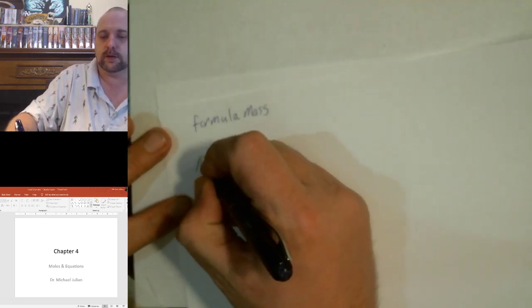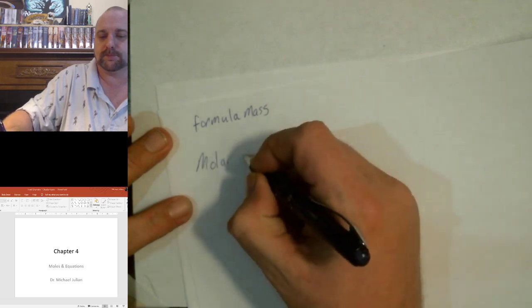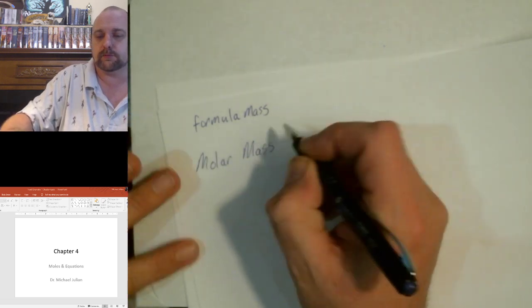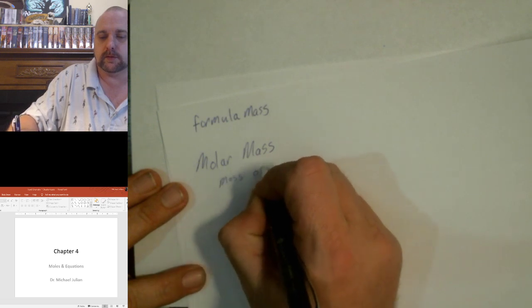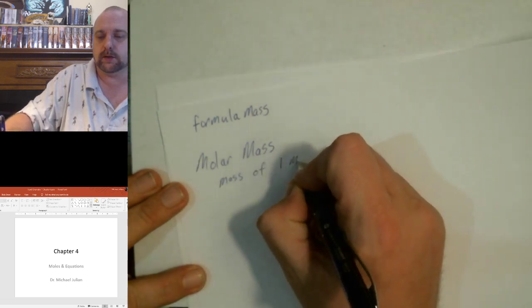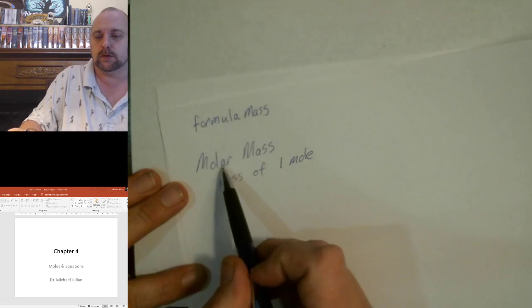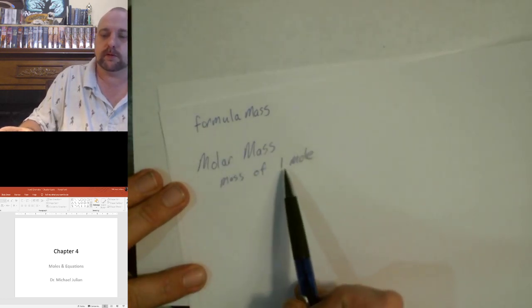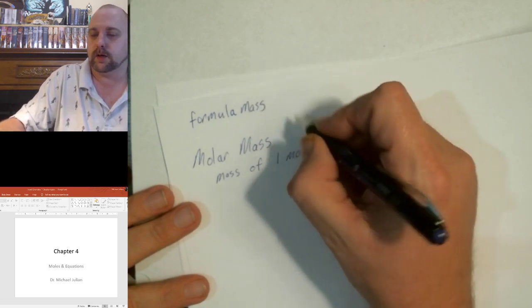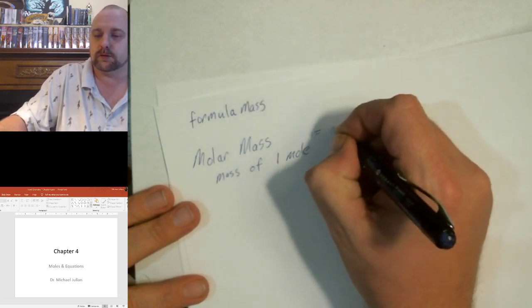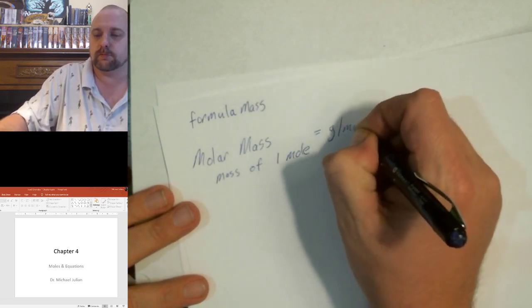Not as useful as molar mass. Molar mass translates to the mass of 1 mole. The AR at the end means of 1. The molar of 1 mass. Alright, so this will be in units of grams per mole.